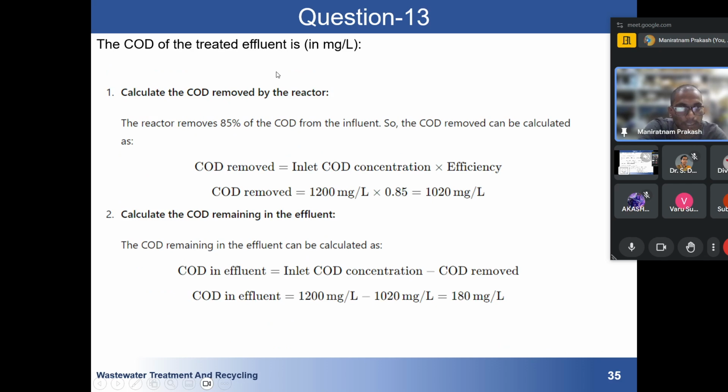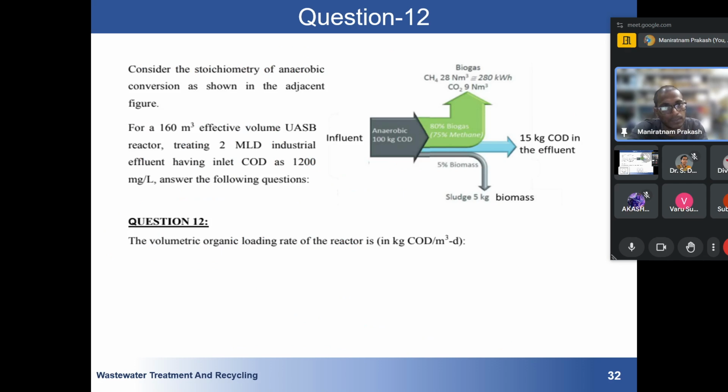Initially, 1200 milligram per liter of COD was coming into our system. Now you have to find how much COD is going out of the system.